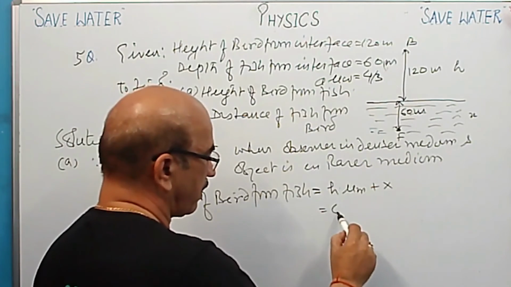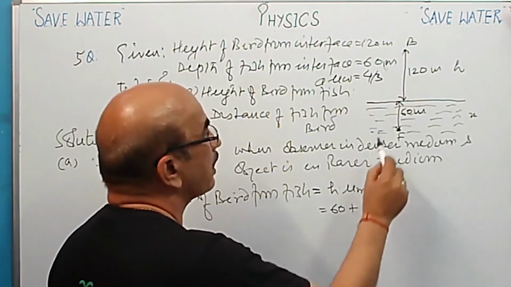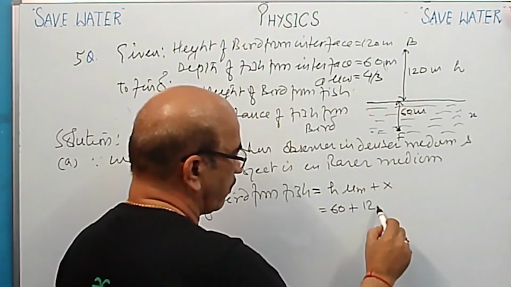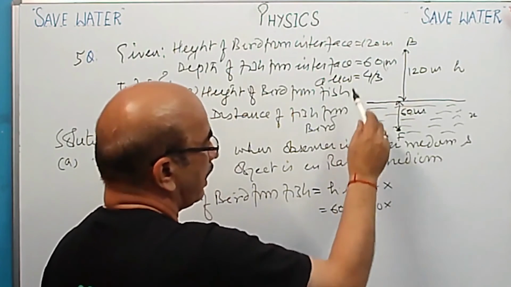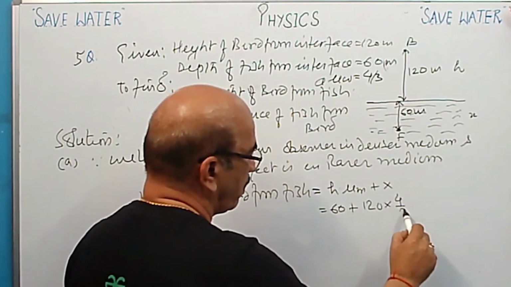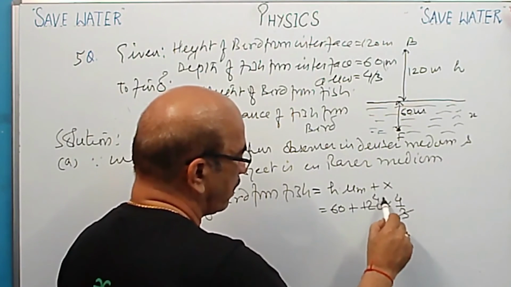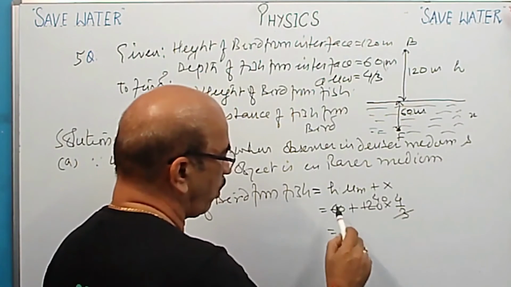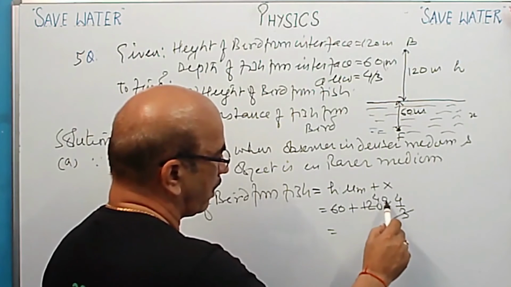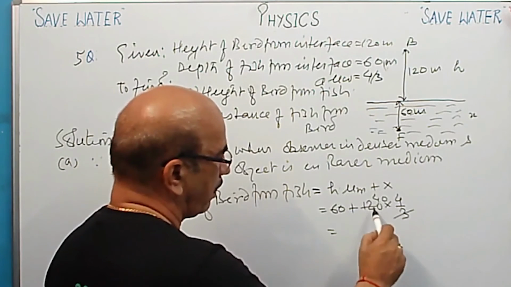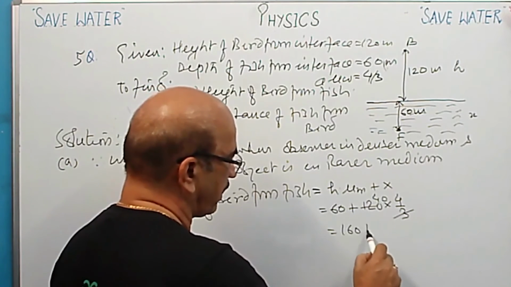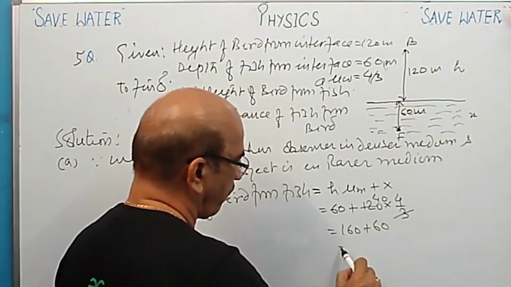तो fish हमारा है 60 plus h हमारा कितना रखा है? This is 120. Refractive index of water is here 4/3. So here it will be 3 4 12, 4 4 60. 160 plus 60.